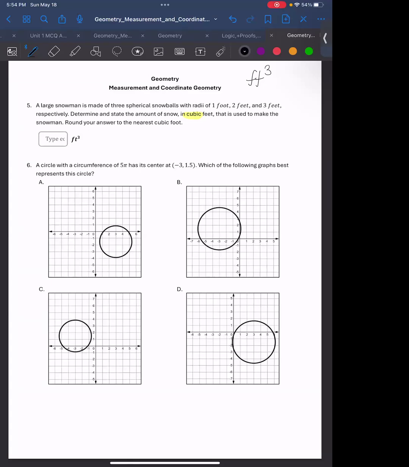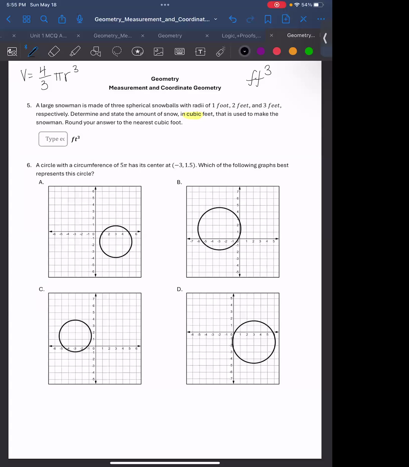If you want to remember, area is length times width. You have 2 things. Volume is length times width times depth. 3 things. So 3, cubic, that's for volume. Now the volume of a sphere is 4/3 pi r cubed.